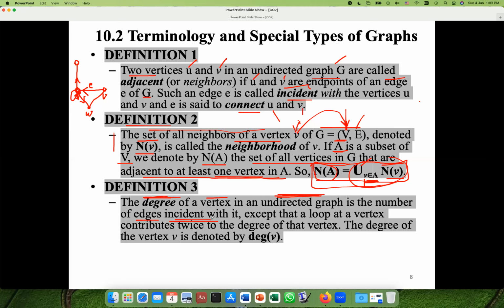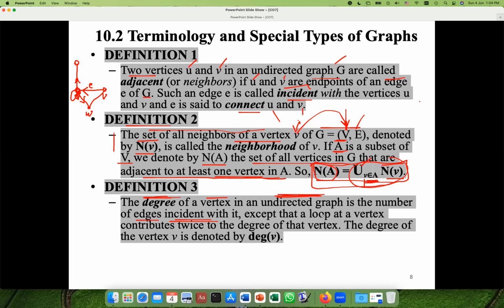Because you don't have the direction, you don't have to focus on going out and coming into. But if it is a directed graph, then you have to focus on how much is going out, how much is coming into, or like that. So for an undirected graph, total number of edges incident with it, which means connected with it, it means vertex.